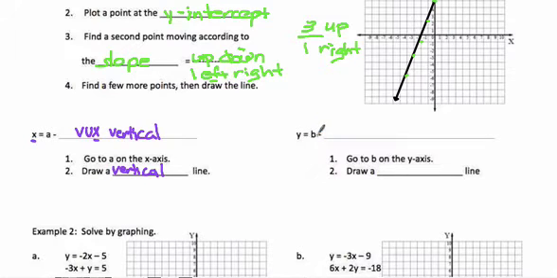Y equals B. B is just standing for a number, but the y part should hopefully remind you that this is horizontal, and so we're going to end up with a horizontal line because we have y equals something. So go to the number B, whatever it is, on the y-axis and draw a horizontal line.